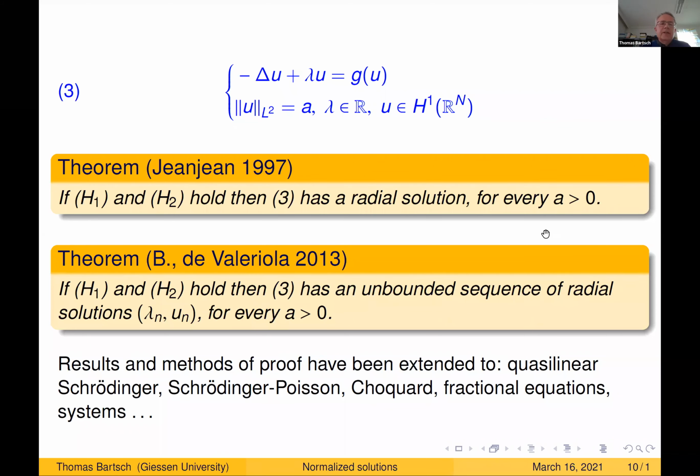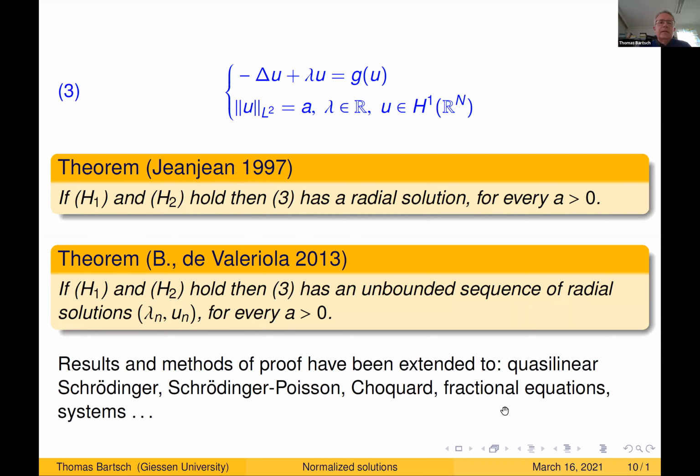And actually, in these last 5, 6, 7 years, the problem has found considerable interest. And so these results have been extended to quite a number of general equations. Here I listed a few, like quasi-linear Schrödinger equation, Schrödinger-Poisson equations, Choquard equation, fractional equations, systems, whatever.